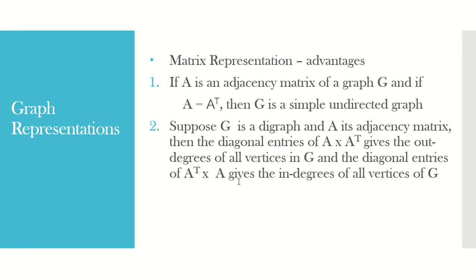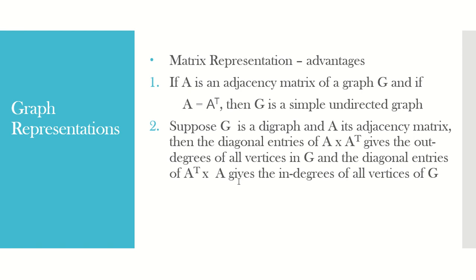If both of them are exactly the same, then you can say that G is a simple and undirected graph. When you talk about adjacency matrix representation, you should be very sure that there are no parallel edges. There should not be a parallel edge between two given vertices, because parallel edges cannot be represented in the matrix representation.